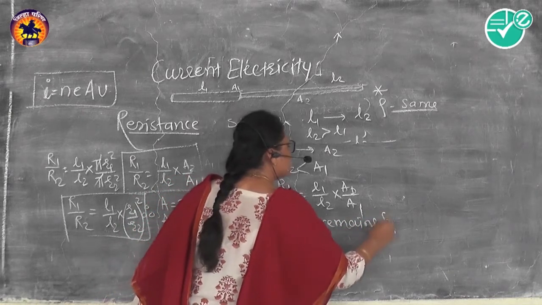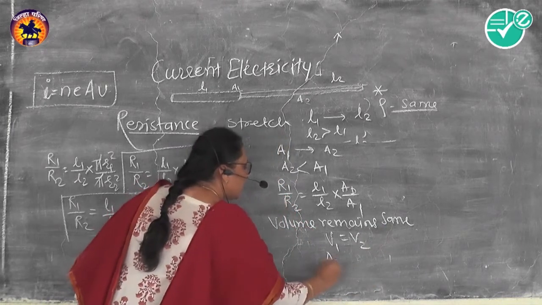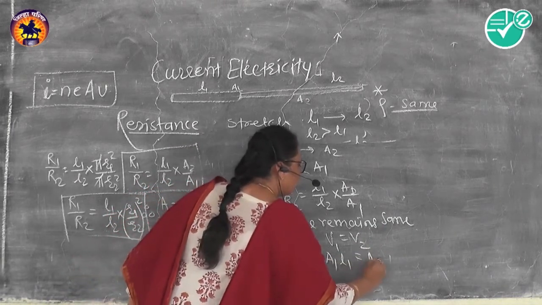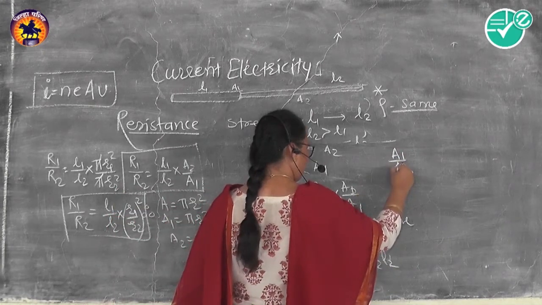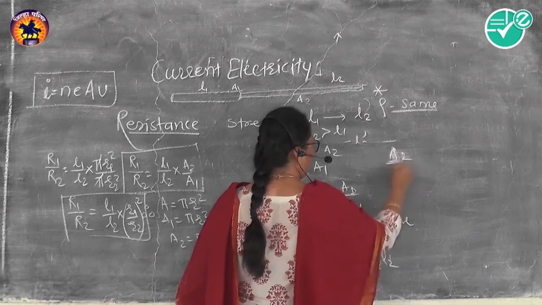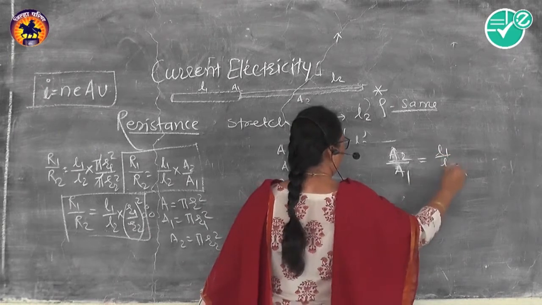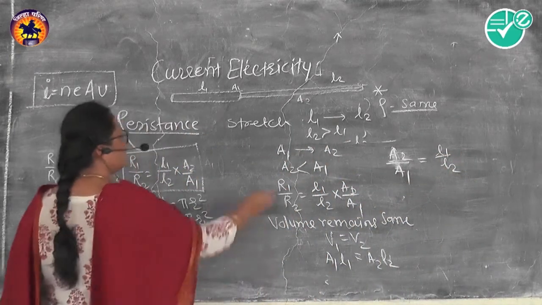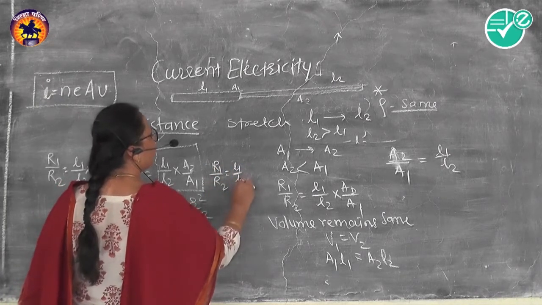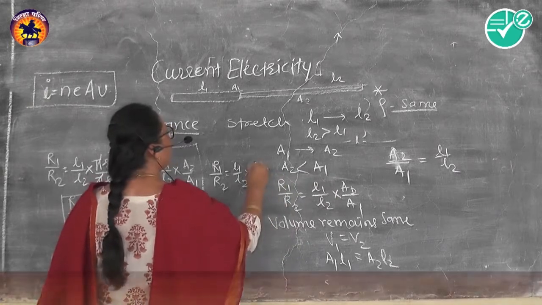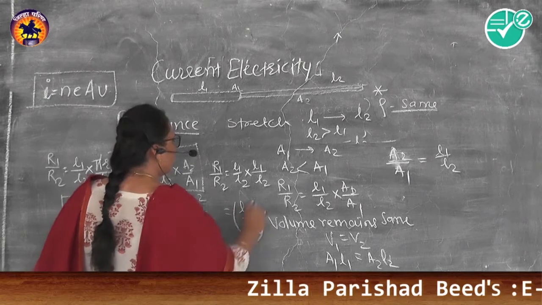Volume remains the same, and therefore V1 is equal to V2. V1 means area into length is equal to area into length, and from this relation we can write A2 upon A1 is equal to L1 upon L2, and if we put this value in this relation, finally we get R1 upon R2 is equal to, here initially L1 upon L2, and for A2 by A1 again we have to write L1 upon L2, so finally you will get L1 upon L2 bracket square.